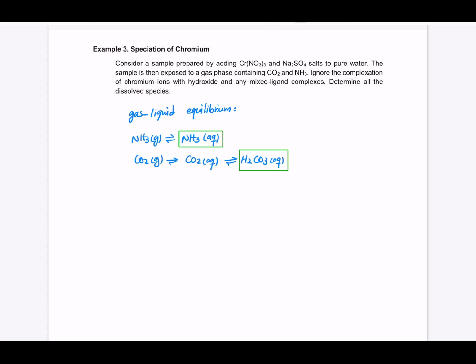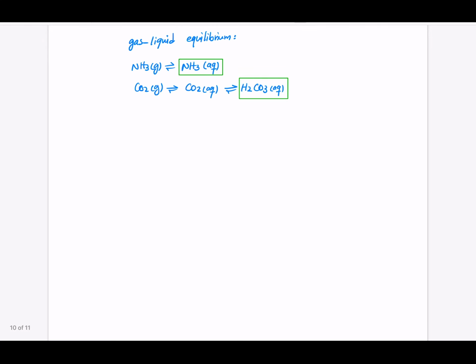We're also adding 2 salts to the system. So we have chromium nitrate. We're introducing chromium 3 plus and 3 nitrate. So by dissolving this, we're introducing nitrate, and we're also introducing the chromium ion.